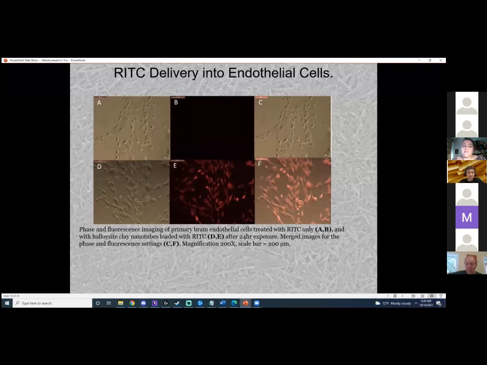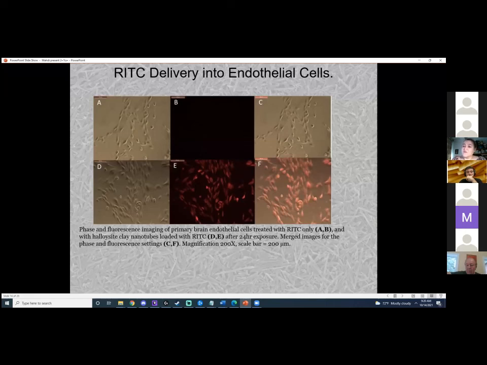Yeah, but I wonder whether it is the halloysite with the fluorescent molecule that goes inside, and not the whole thing. I mean, are you sure it is the whole particle that goes inside? No, I'm not sure. The halloysite releases, and the released molecule is the one that is going inside.